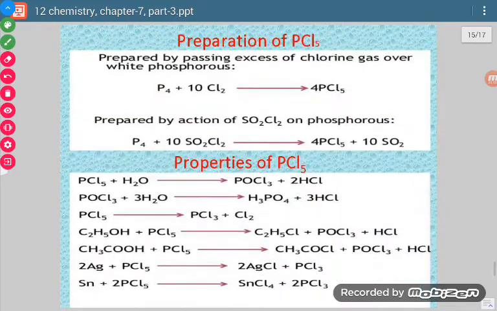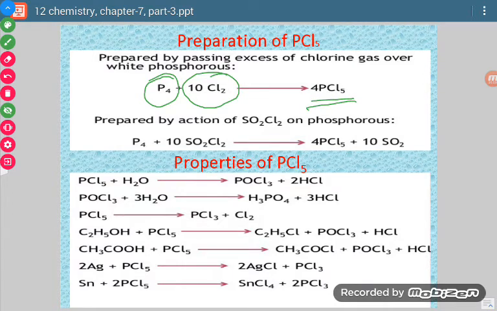Okay, now similarly, how can we prepare PCl5? For preparing PCl5, either phosphorus is to be reacted with chlorine so that there is formation of PCl5, or phosphorus is to be reacted with thionyl chloride and it will form PCl5. So here concentrations of chlorine or thionyl chloride are varying.